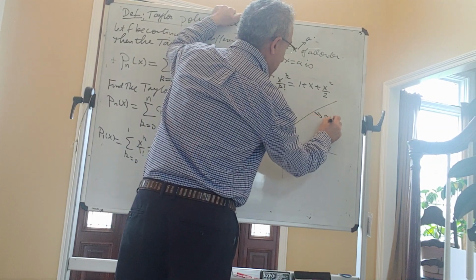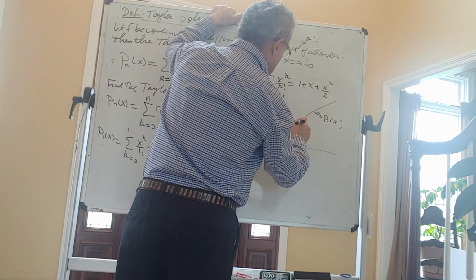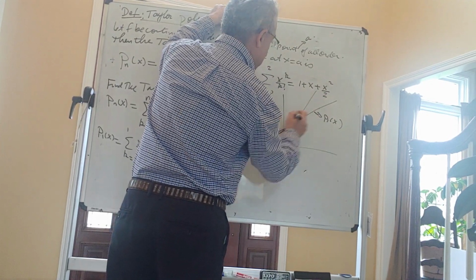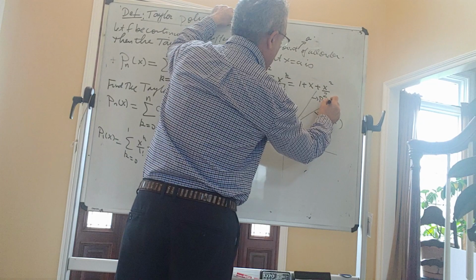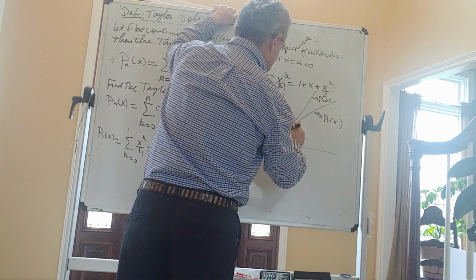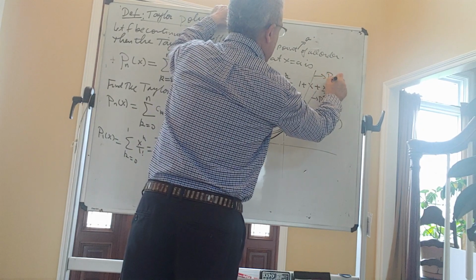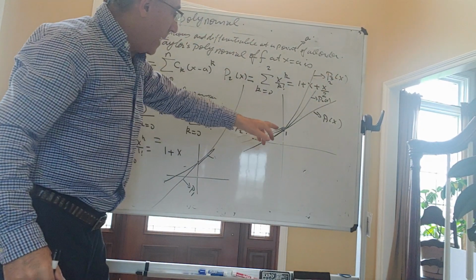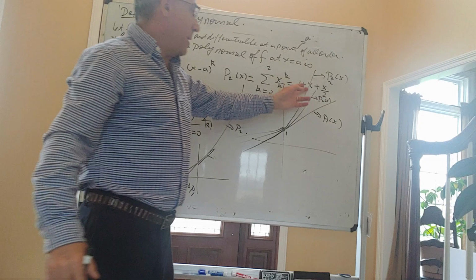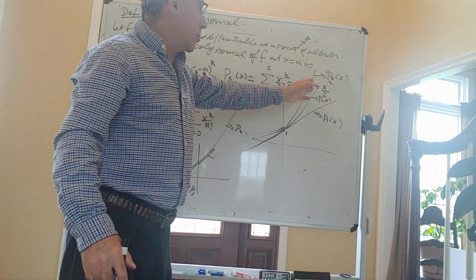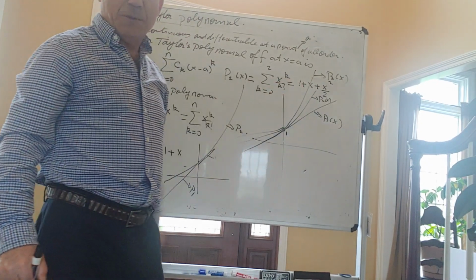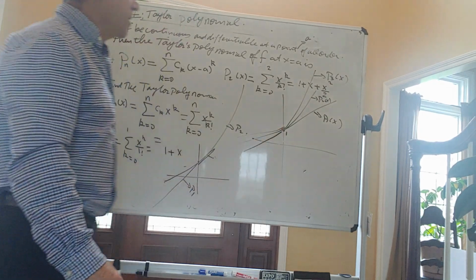So this is P1 of x. And this is P2 of x. This is going to be P3 of x. And they all pass at this point. Why? Because when you put x equals 0, every term is 0 except the first term, which is 1. So they all pass at this point here.